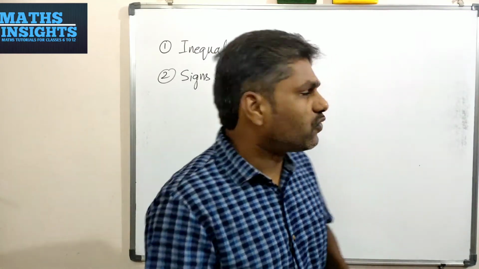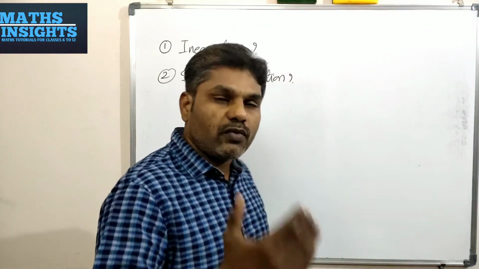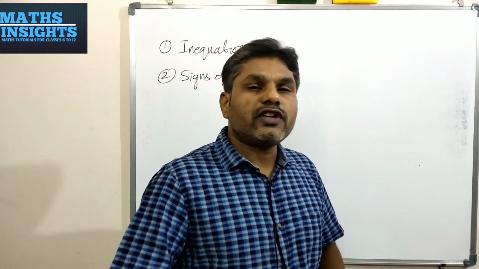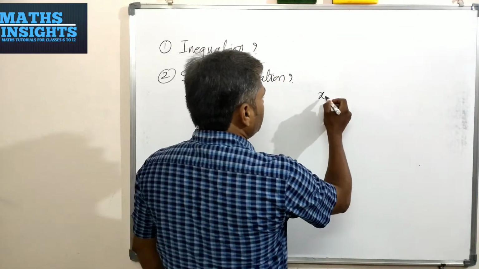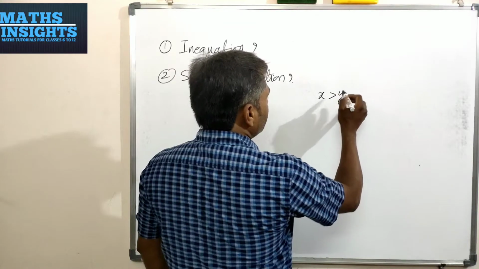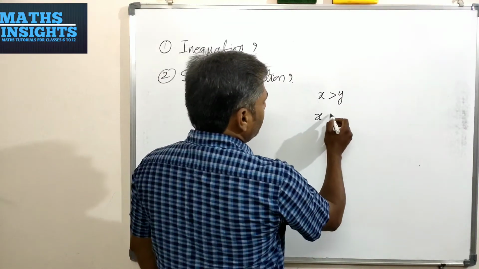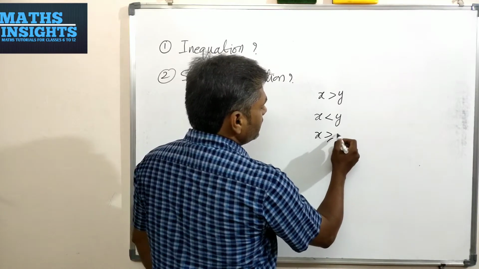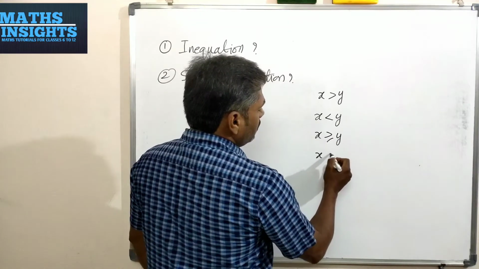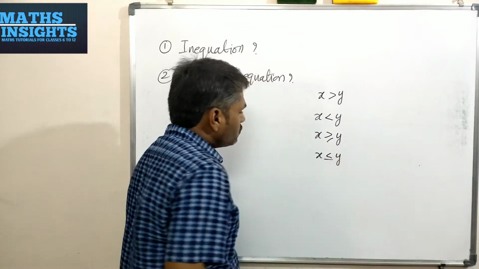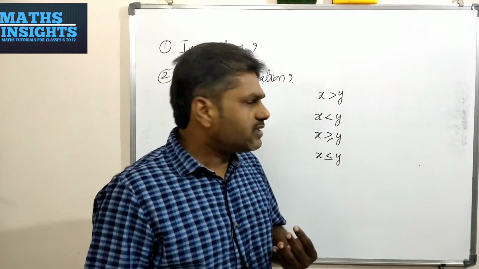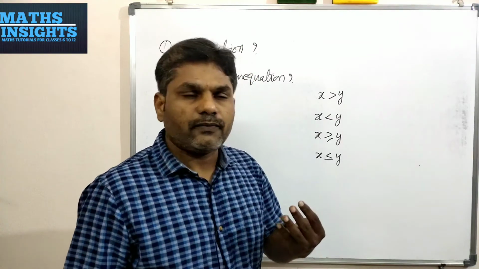I will write those four conditions, those four relations between any two variables x and y. The first one is x may be greater than y or x may be less than y or x may be greater than or equals to y or x may be less than or equals to y. These are the four relations, conditions between x and y.